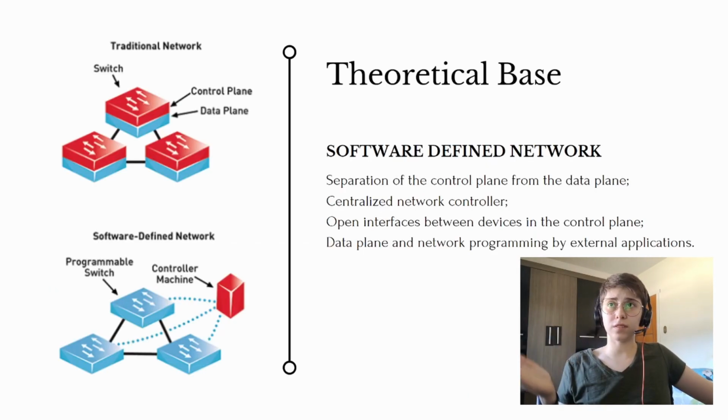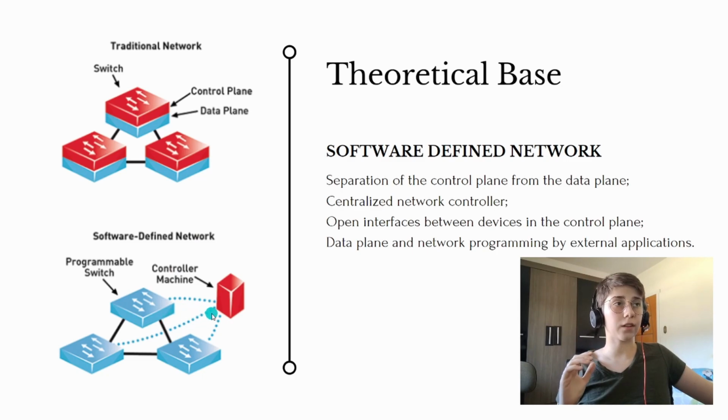And to understand what a software-defined network is, I got this image that shows a traditional network and a software-defined network. Software-defined networking is the separation of the control. In the traditional network, the control and data planes are together.